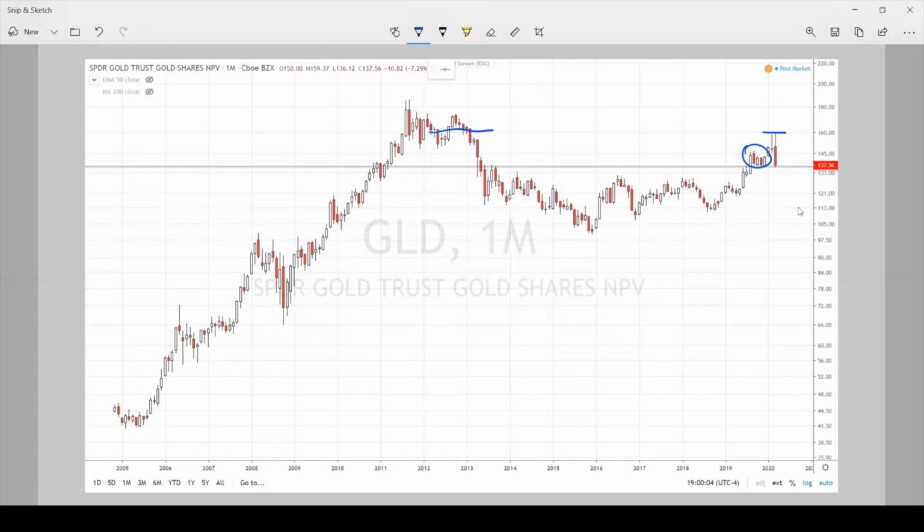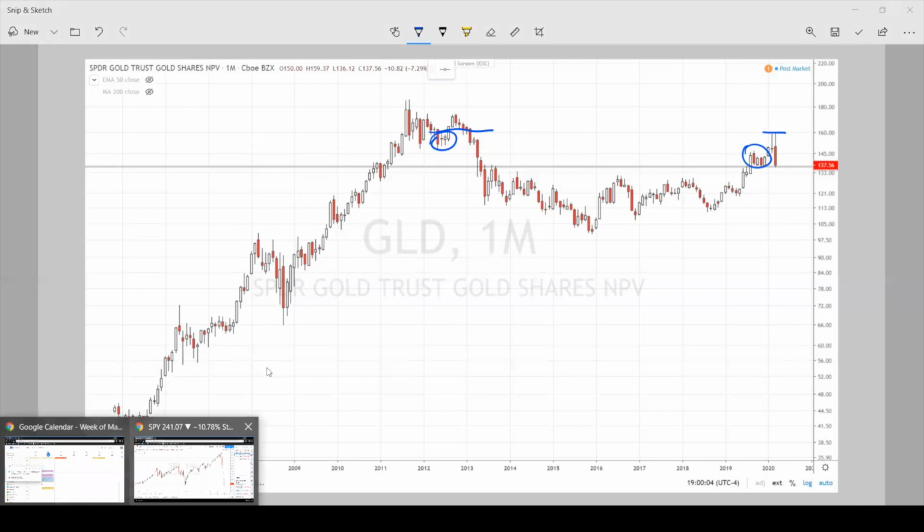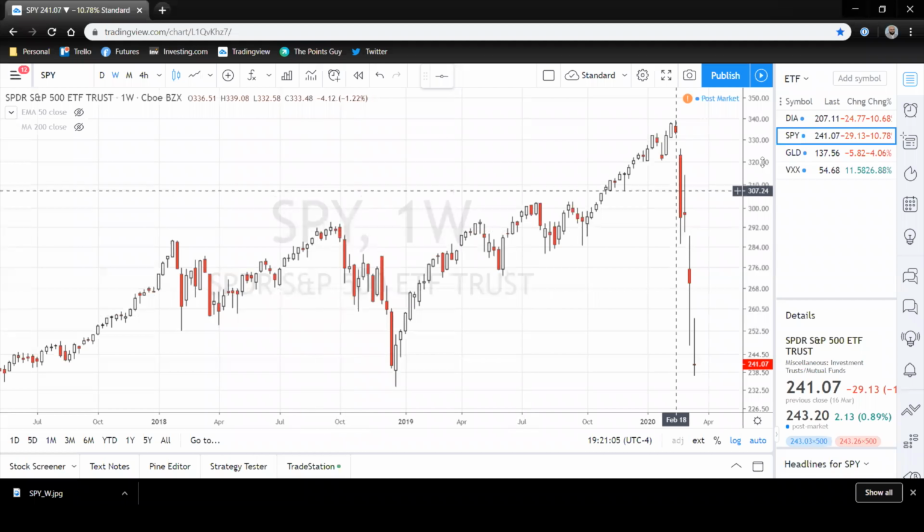Why did 160 become a resistance? Because whole numbers in stocks are psychological numbers. Okay, 160, 150, or even half numbers, 45, but usually whole numbers tend to be much stronger. We're going to be watching this closely. Now let's go to the charts. Let's see what I'm looking at.